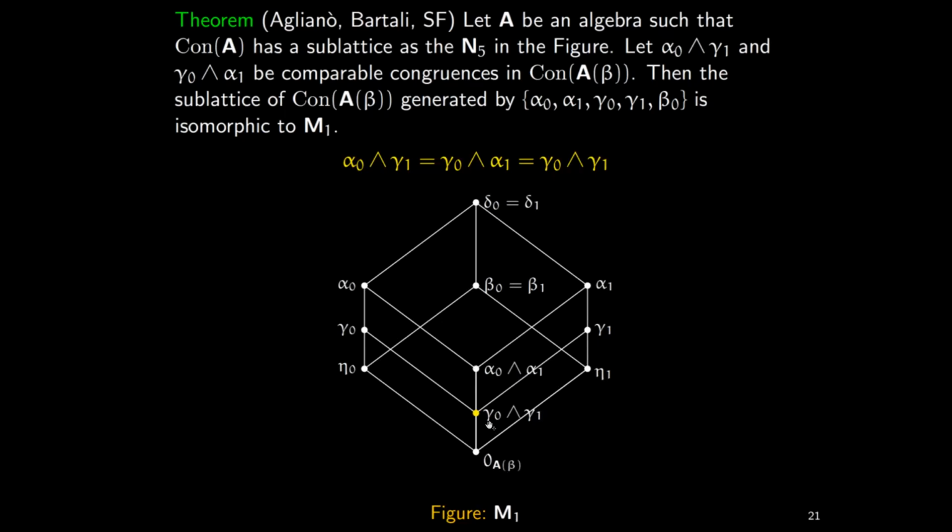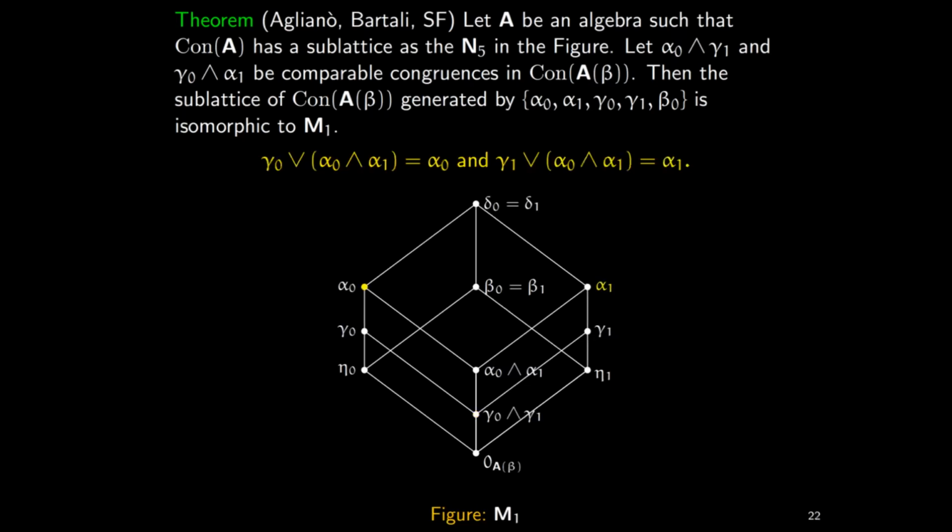For example, we know, since we assume that alpha 0 meet gamma 1 and gamma 0 meet alpha 1 are collapsing in gamma 0 meet gamma 1, using the lemma that we have proved before, we can also prove what is the join between gamma 0 and alpha 0 meet alpha 1.